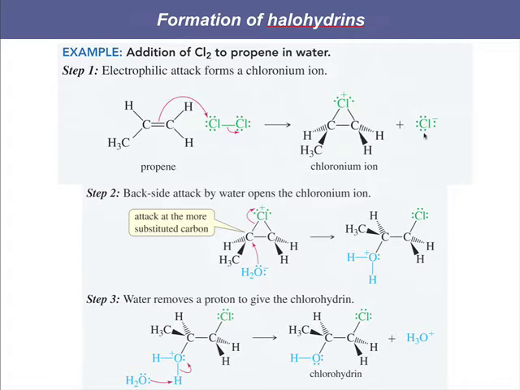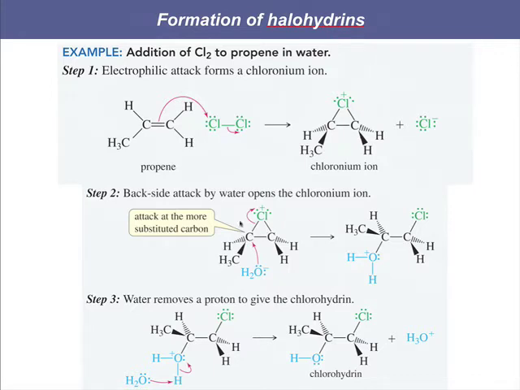So instead of chloride attacking the halonium ion and opening it up, water is going to attack the halonium ion and open it up. By the way, this is an error here. This should not have a negative charge in this water. So water is going to attack the more substituted carbon of this halonium ion.